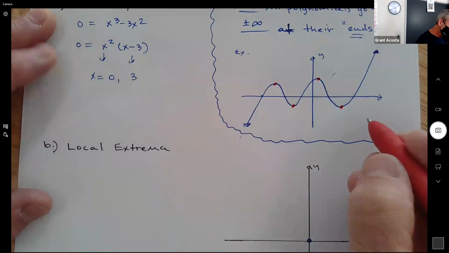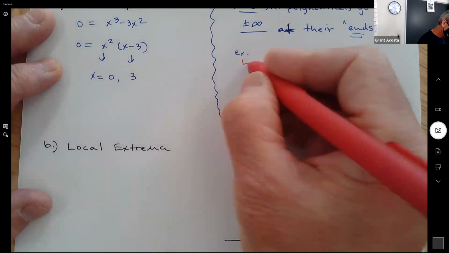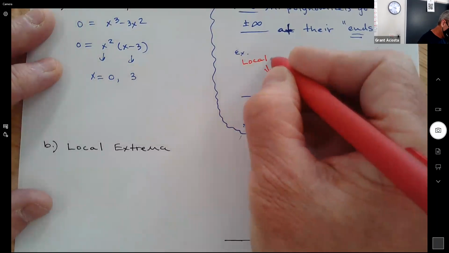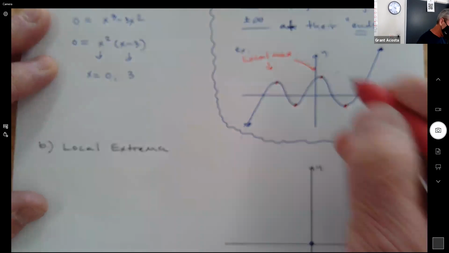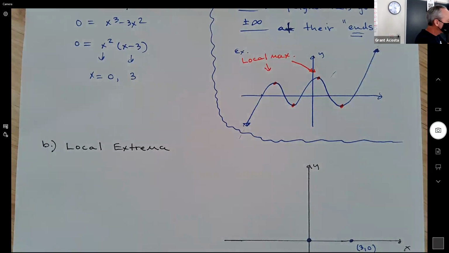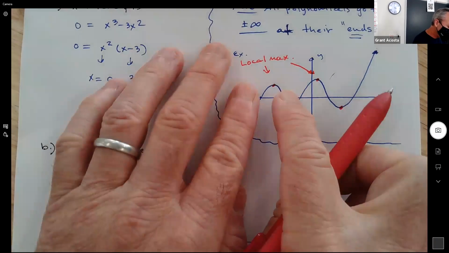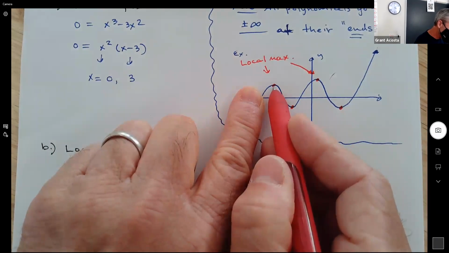So there's no guarantee. But what we call these is local maximum, I guess both of these. Local means nearby. The way I think of that is if your x value is near that point right here, then that is a maximum.